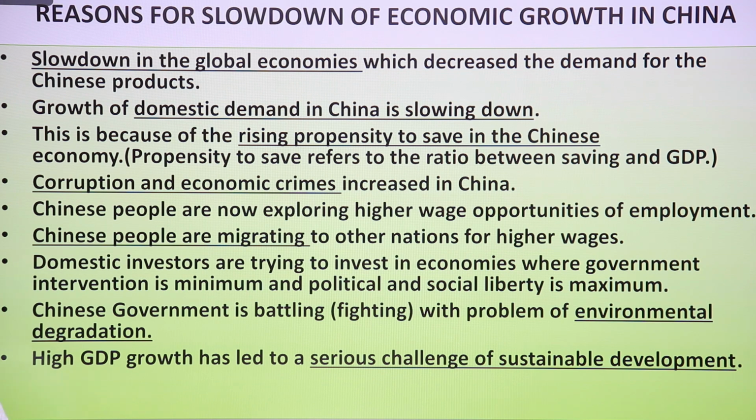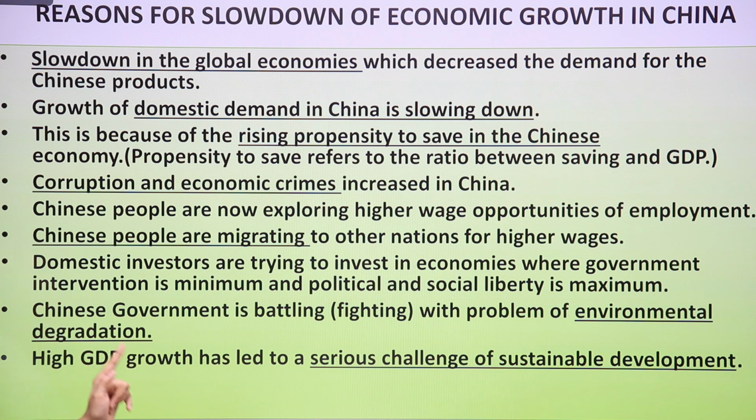It pressurizes domestic businessmen, and what businessman wants this type of pressure? So these businessmen are moving out of China, and they are investing in other nations, maybe developing nations like Pakistan or India or other developed nations also. They are investing out of China. So China is losing investment from its own businessmen also. Its own people are not investing in its economy.